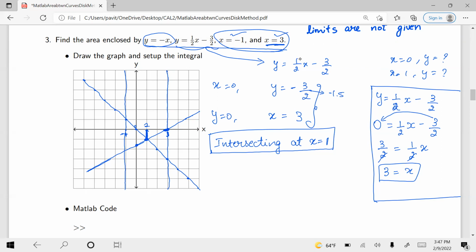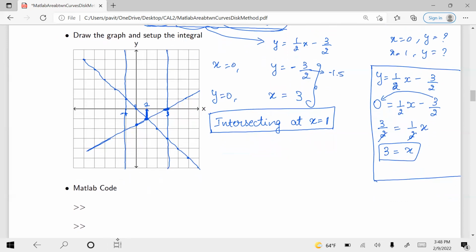But this is the traditional way, so we follow that. So first thing is plotting all the functions on the graph and then finding the intersecting point. You have to find the intersecting point. That is very important.